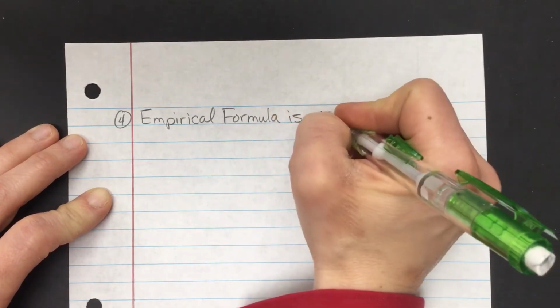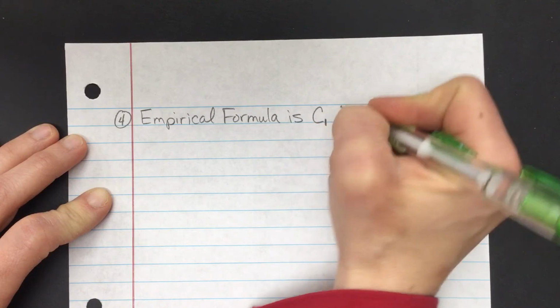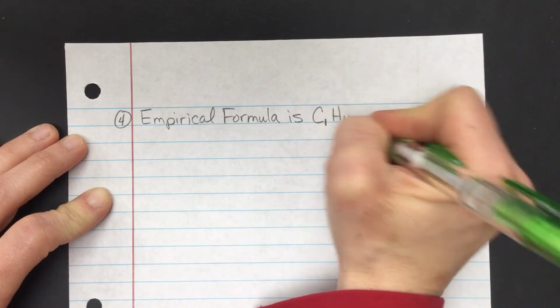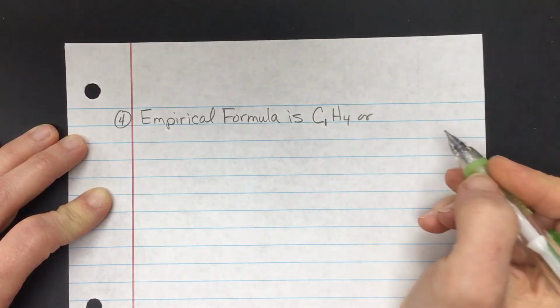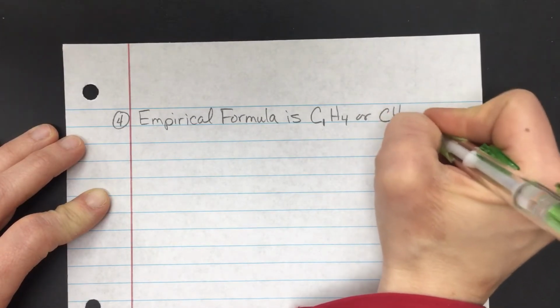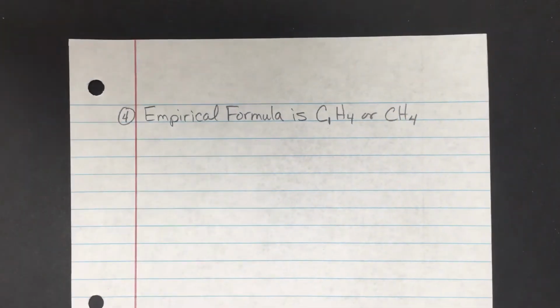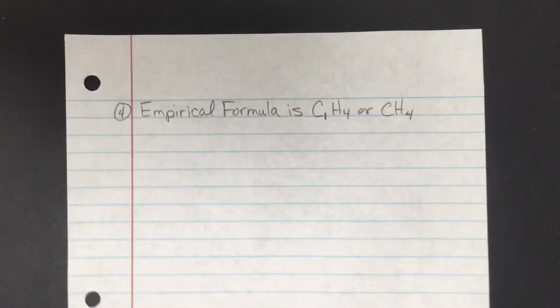My mole ratio is 1 carbon to 4 hydrogens, but remember we don't write ones in our formula, so it's CH4. So that is how to start with percent composition and get an empirical formula.